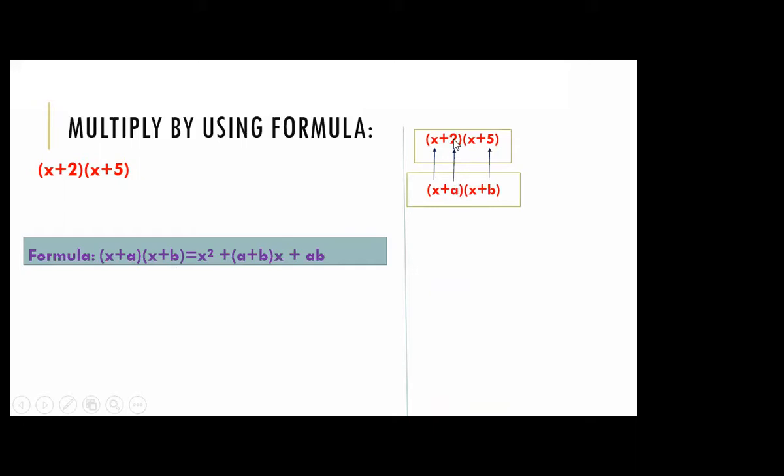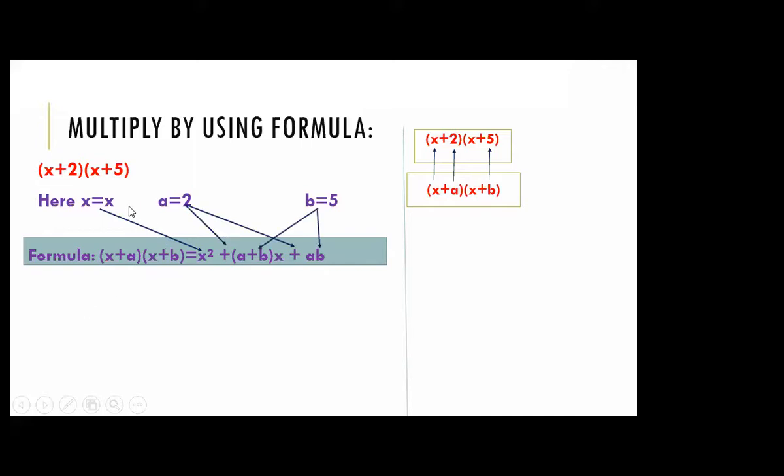What we are doing is comparing the left hand side of the formula with our question. Is it clear? x = x, a = 2 and b = 5. So let's start with the solution.